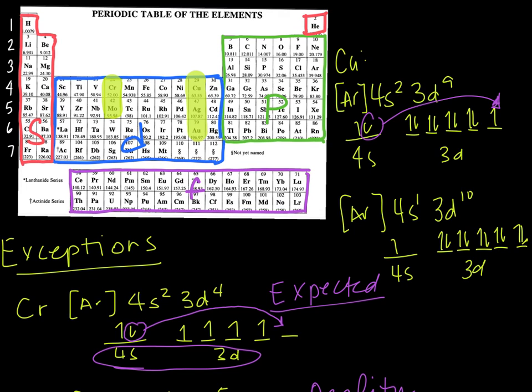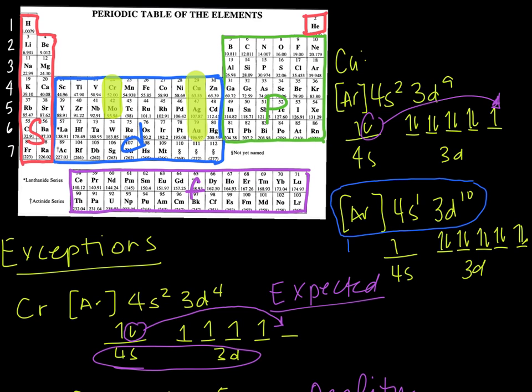Alright, so I know that's a lot of information to take in. There's also some interesting stuff that goes on in the f orbitals, but we're not going to get into that much. The best advice I can give you is if you're given an electron configuration, the easiest way to figure out what element it is is to add up the electrons. So if you were to see an electron configuration like this, and you were unsure of which element it was, you would just add them up.